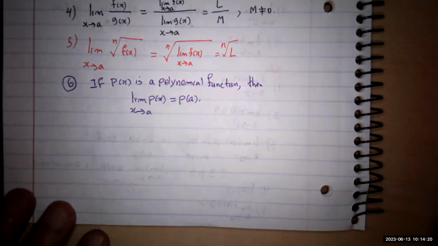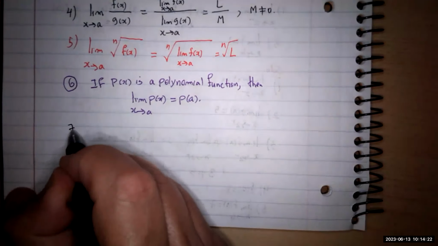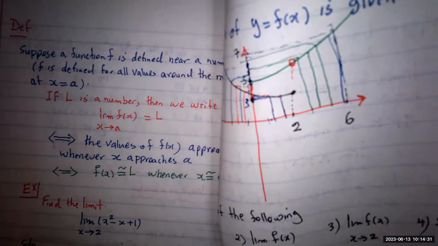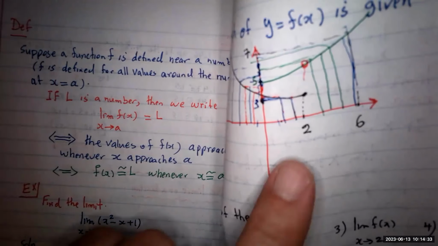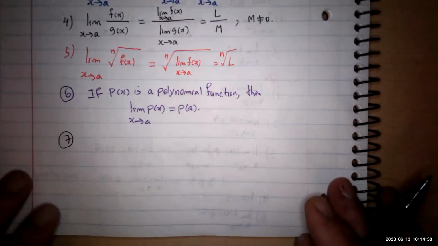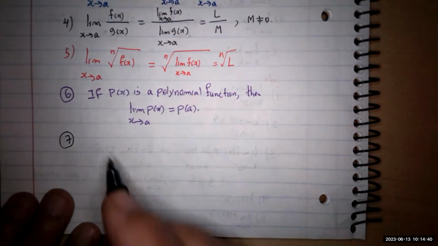We need one more to be able to take care of the examples for you. Number 7 is also interesting. If you have a piecewise defined function like this, at the partition point, if you want to find the limit at 2, remember, you have to find the right and the left limits. So this theorem would be helpful for this type of functions.